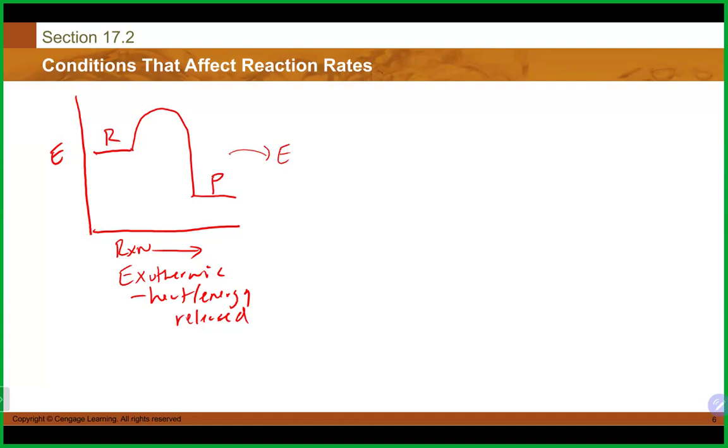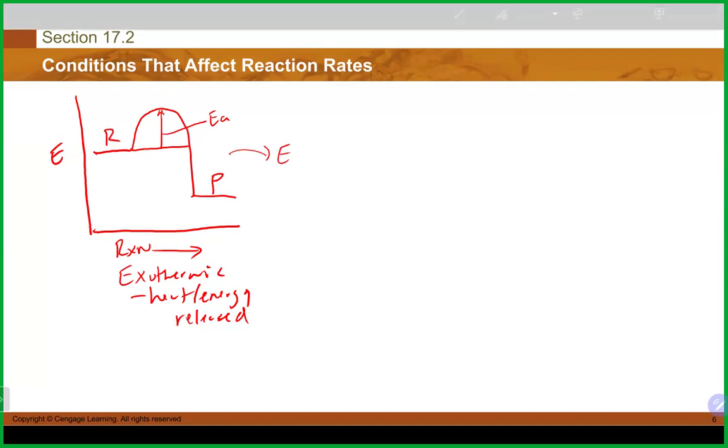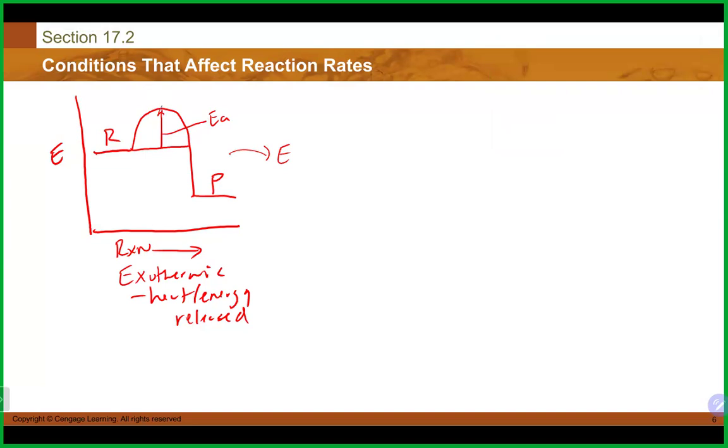Here's our activation energy, which is, again, that hill that those reactants have to climb to get to the other side. When you do get to the top, as we see in that previous picture, at the very top of the hill, this is what is, again, sometimes referred to as the transition state.